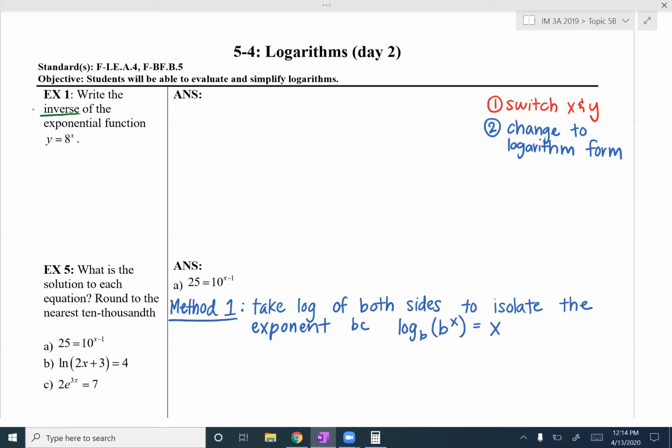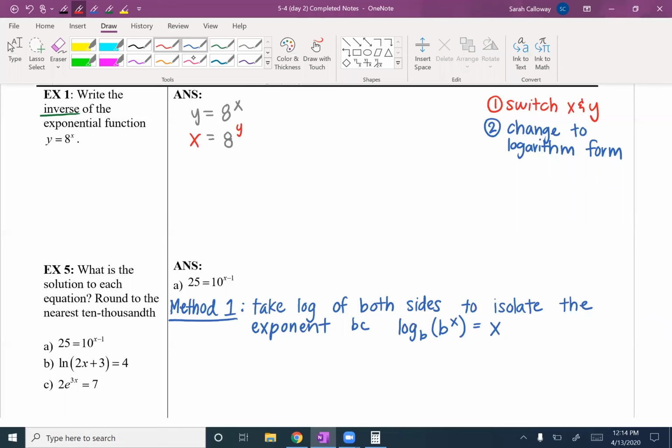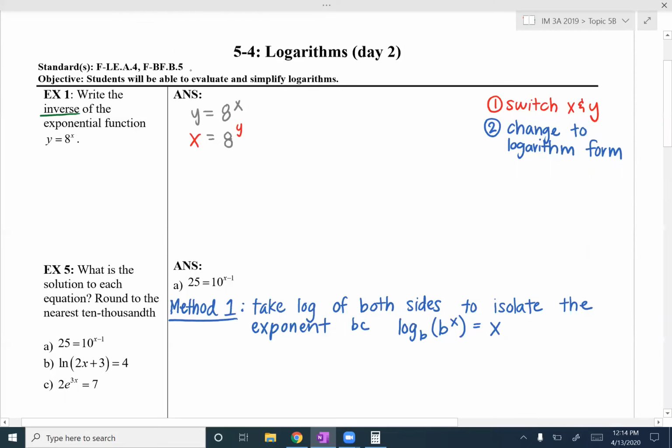So if I have an exponential equation that is y equals 8 to the x power, then I want to start by switching the locations of x and y. That means I'm changing the equation to x equals 8 to the y power. And then from there, I'm going to change it to logarithm form. Remember that to change it to logarithm form, I'm starting with the base and going that direction.